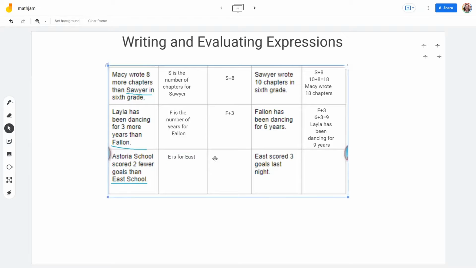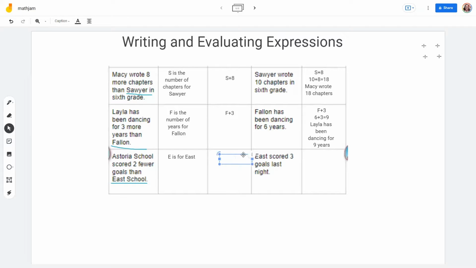To figure this out for Astoria, we could say E minus 2. We're saying E minus 2 because Astoria School scored 2 fewer goals than East. So we need to figure out how many goals East scored in order to solve our problem. And over here, it tells us East scored 3 goals last night.